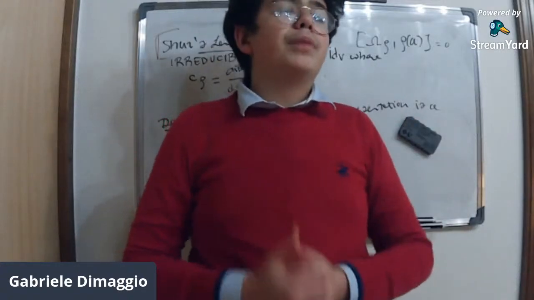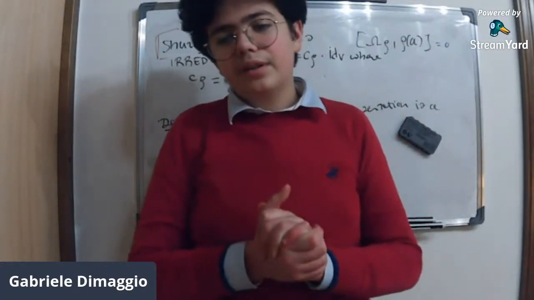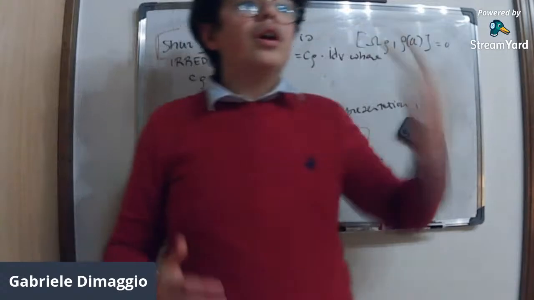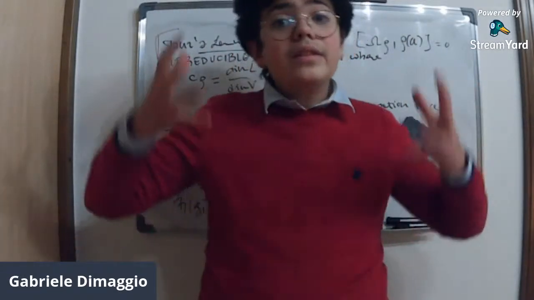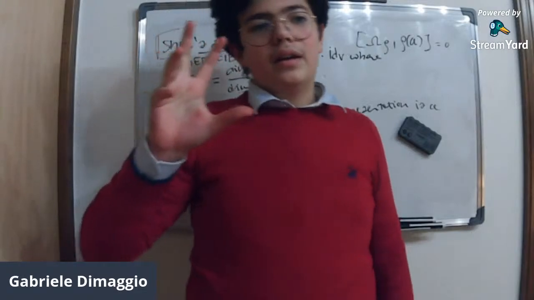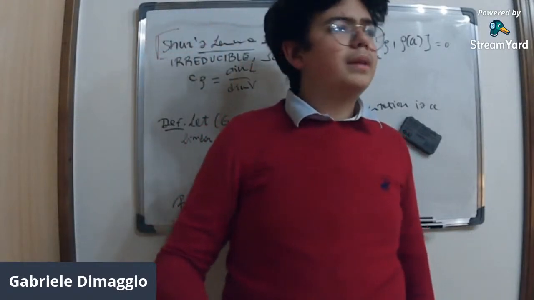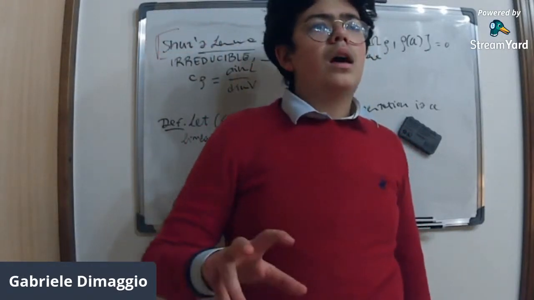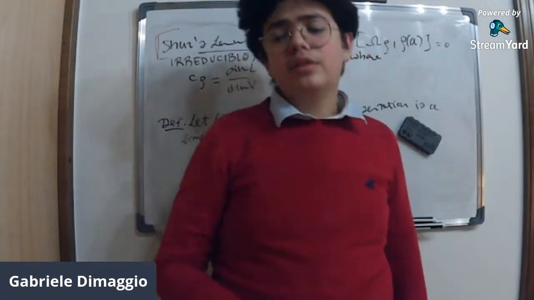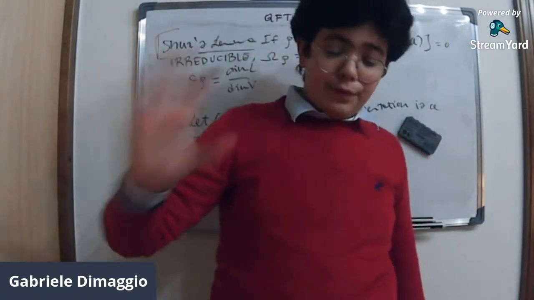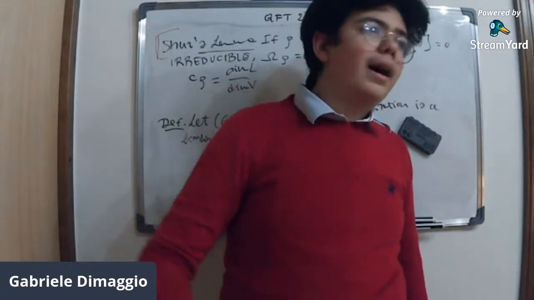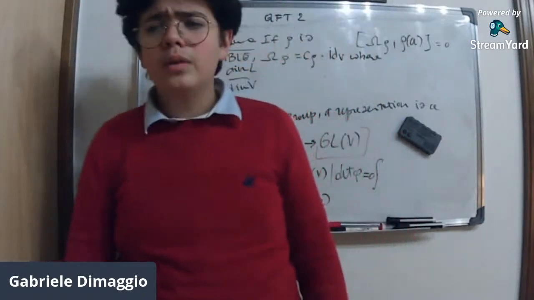Perfect. And after the third lesson, we are going to start talking about quantum field theory. The first lesson will be about the Lagrangian in a field theory, and the fifth lesson will be about canonical quantization. So see you soon.